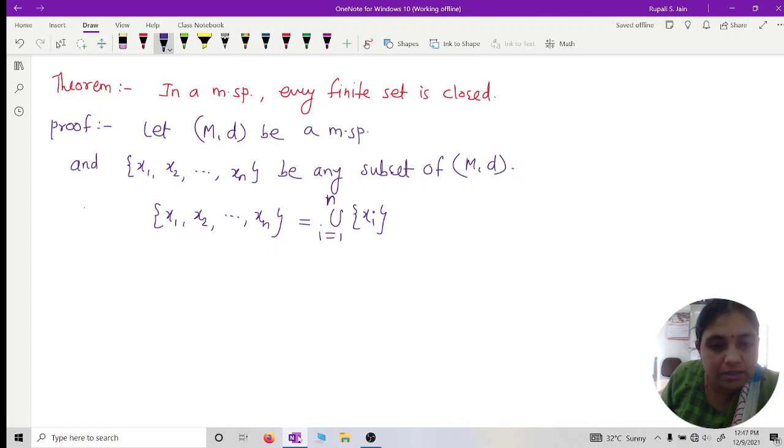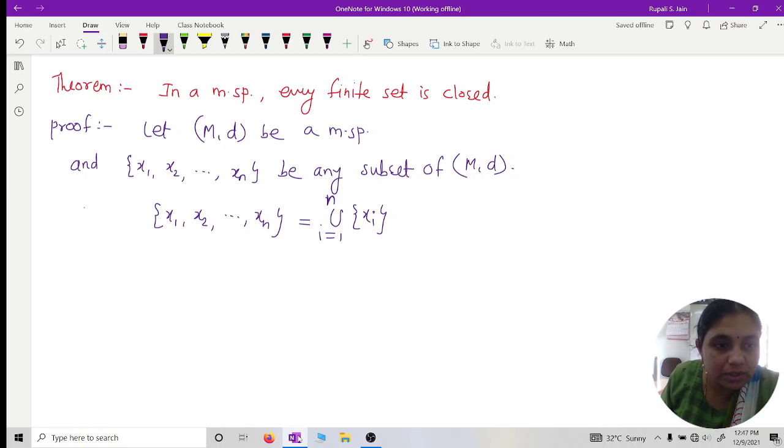In yesterday's lecture, we already proved that a finite union of closed sets is closed. So if we prove every singleton set is closed, and this is nothing but a finite union, I can say that this finite set is also closed.